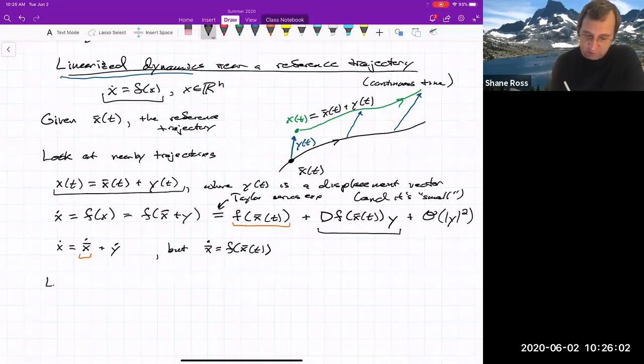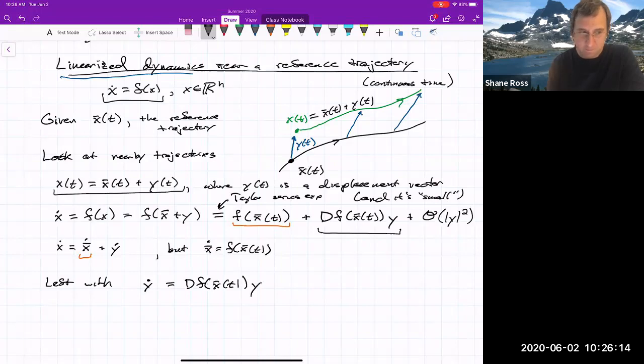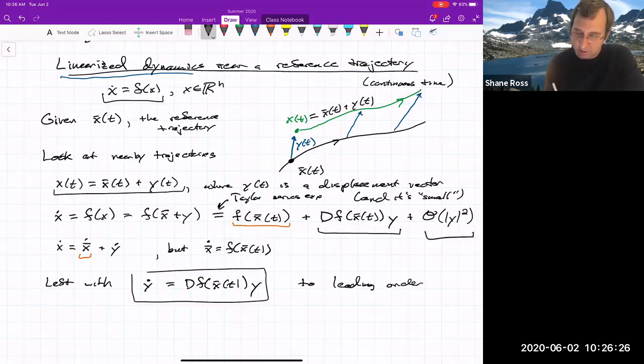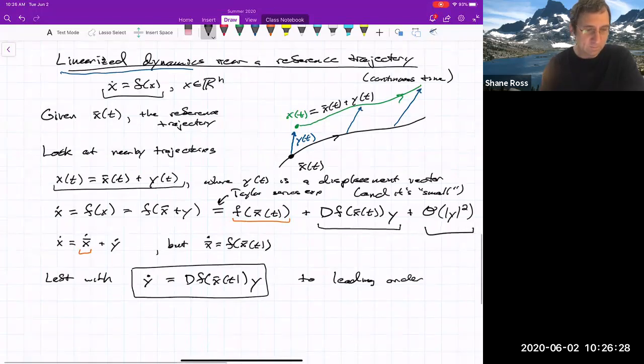We're left with the dynamics of the displacement vector, which is y dot equals df of x bar of t times y, to leading order. That means ignoring these quadratic and higher terms. That's what we get.